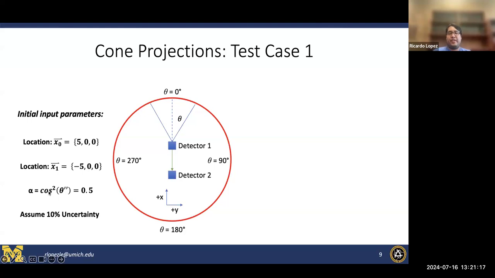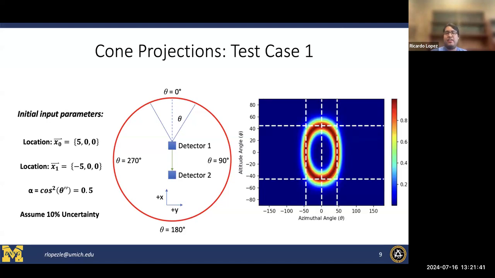I'll also tell you that the alpha term, or the cosine squared theta term, is equal to 0.5. And I'm also saying that we're going to be assuming 10% uncertainty in this alpha term and the subsequent beta term. If you were to plug all these numbers into the equations from the previous slide, and you did this on every individual pixel of the projection space, then the resulting cone that you would get is shown here on the right in this spherical space, where we have it centered basically level to the system.